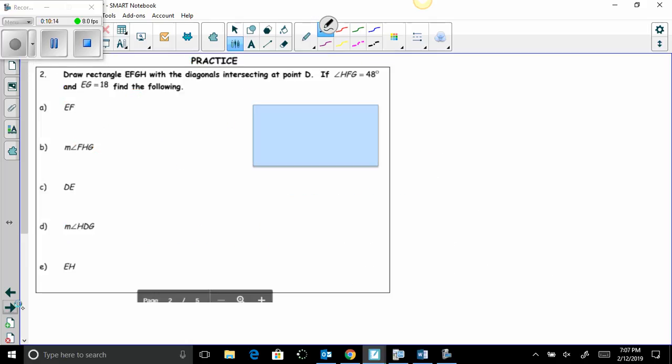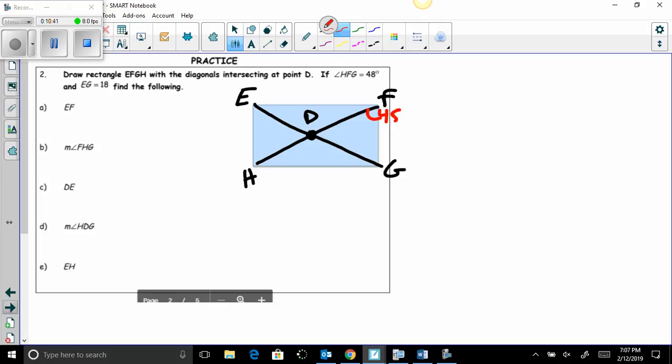So draw rectangle EFGH, with the diagonals intersecting at point D. So if I go ahead and draw my diagonals here, they intersect at point D. If HFG is 48 degrees, this angle right here is 48 degrees, and EG, this whole entire thing, is 18, what would that mean?